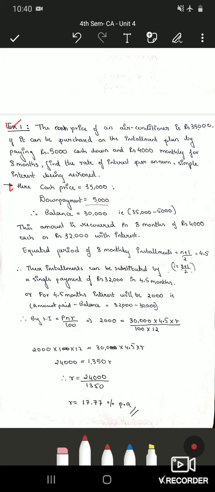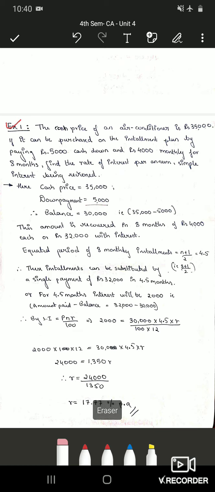So in this question they have given the cash price of a product, that is the AC, which is 35,000, and while you're purchasing you have to pay a certain amount, that is down payment or cash down, which is given as 5,000. So in 35,000 you are paying 5,000, so what will be the balance amount?